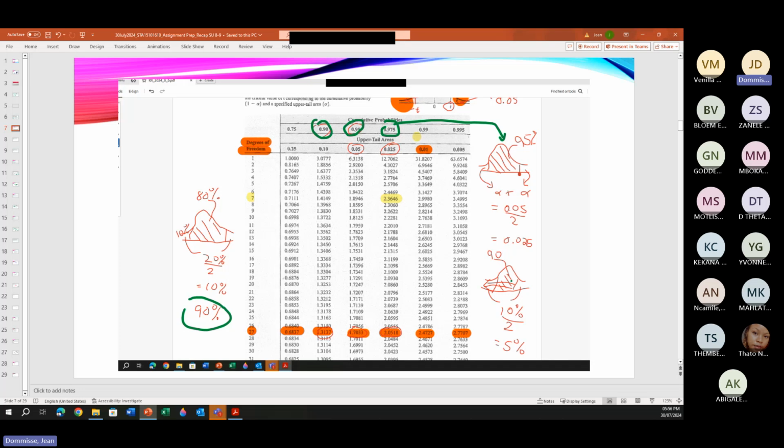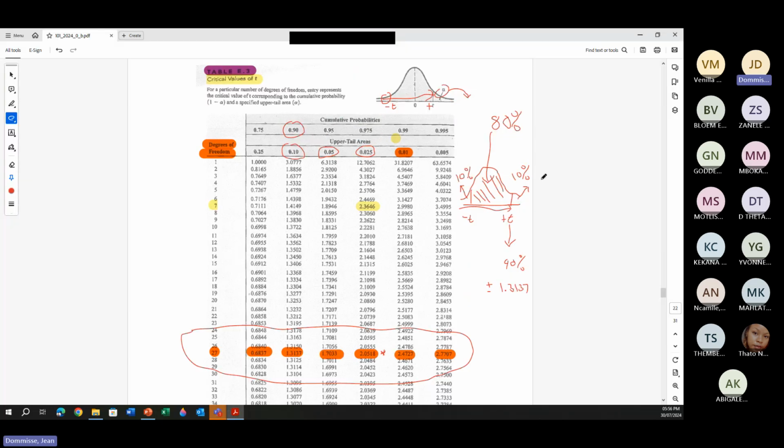So just remember that every time we look at this picture, it's just like the Z. The alpha only is referring to this top. So when we look at confidence intervals, remember it is on both sides.